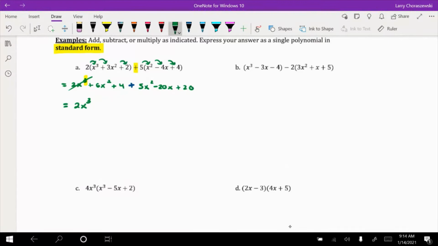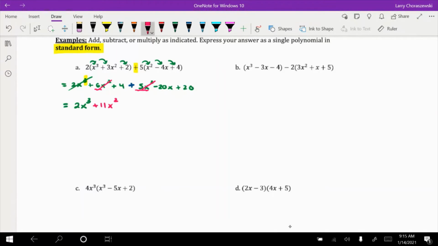So now we have 6x squared. Is there anything that 6x squared would combine with in this expression? Yep, 6x squared is going to combine with 5x squared. So if you take 6x squared and add 5x squareds to it, you're going to get 11x squareds. I'll cross those off so we don't accidentally use them again.